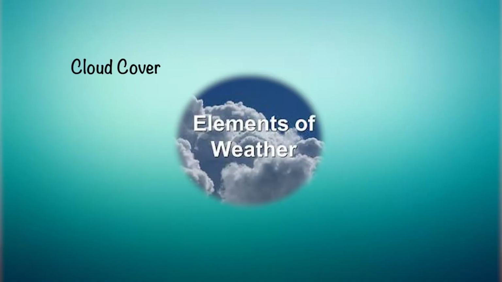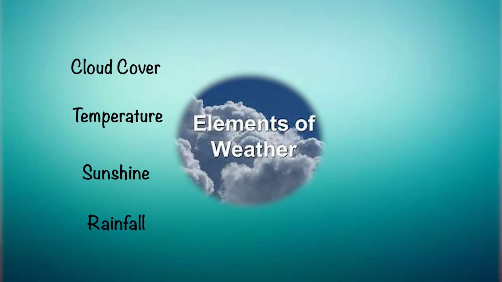Elements of weather. Cloud cover. Another element of weather is temperature. Temperature. Next we have sunshine. Sunshine. Boys and girls, let's continue. The next element of weather is rainfall. Rainfall. Next we have humidity. Humidity.